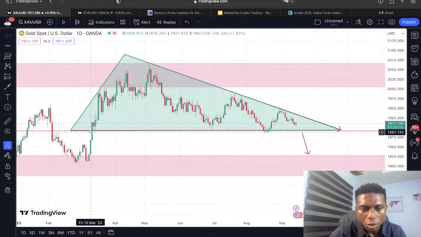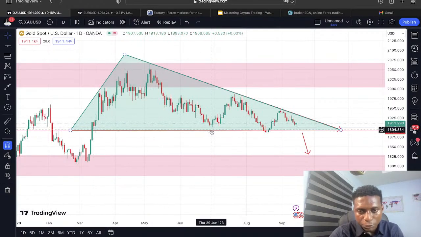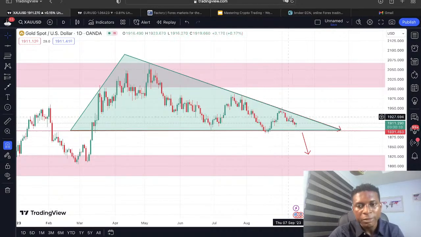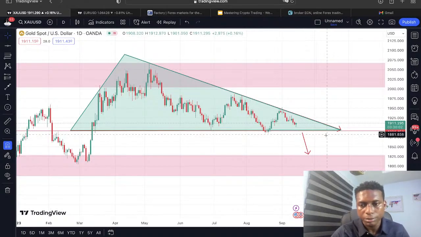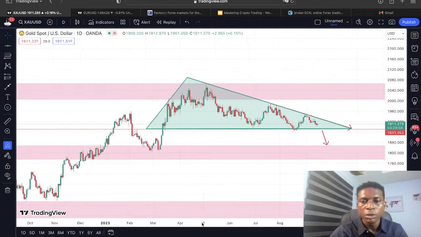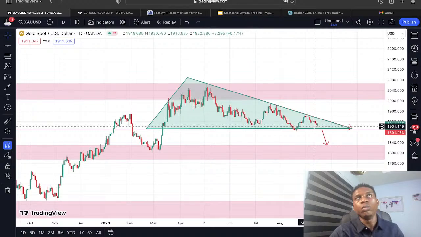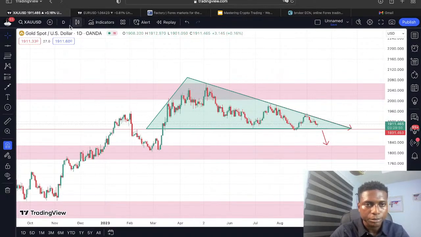So this is one footprint, another footprint, and another footprint. The next footprint might lead to a breakout. So on the daily time frame, we have a bearish outlook on the gold market.